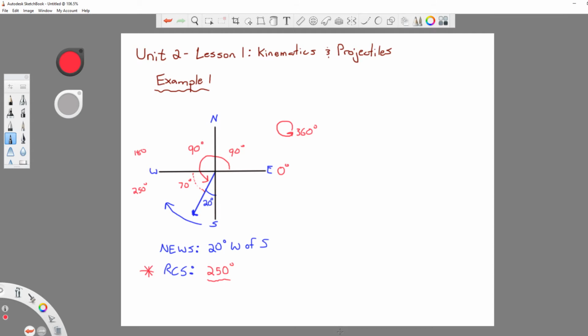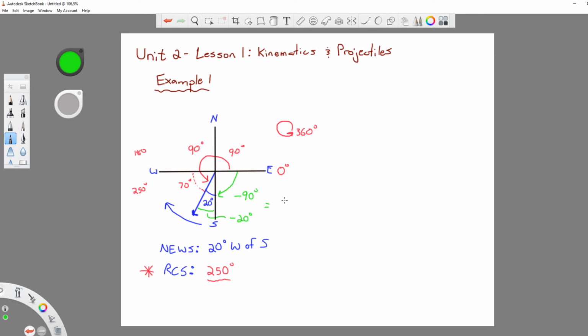Now, on the contrary, you might get into a little bit of a sticky situation because we can also put RCS going clockwise, but we're going to consider it a negative angle. It's not the prettiest, but it shows up once in a while, so you have to know it. Same thing, we measure from the east, but if we go this way, we're going to have a negative 90, and this last little bit here is going to be a negative 20 degrees.